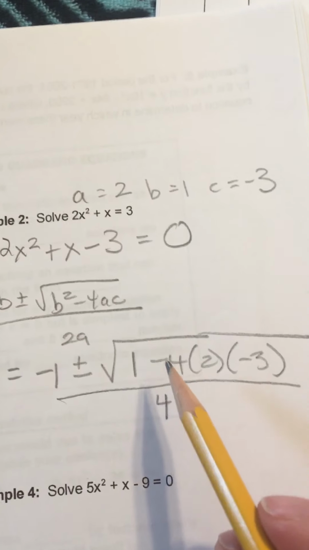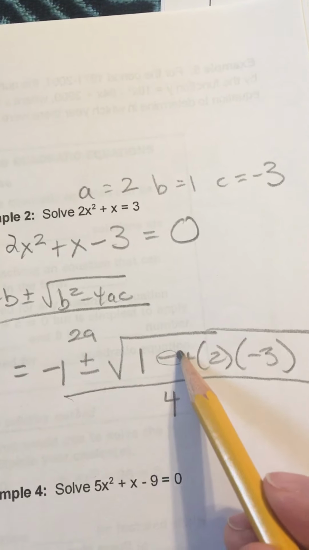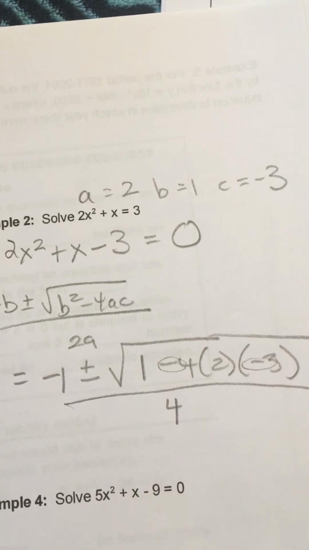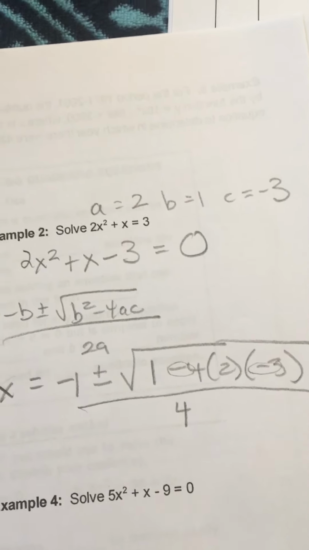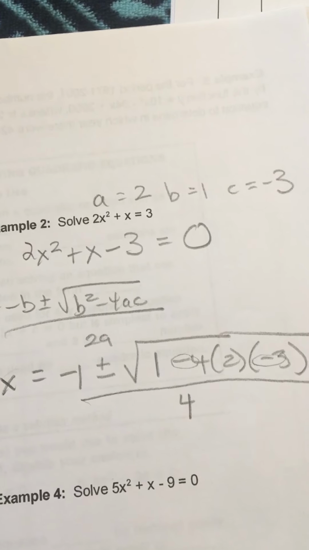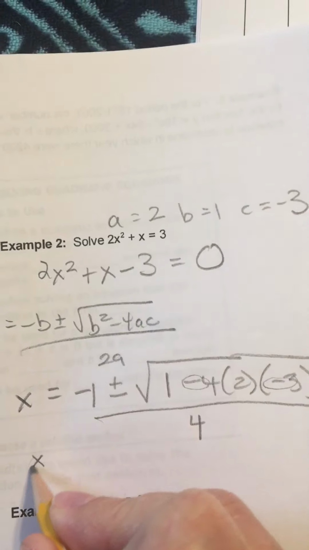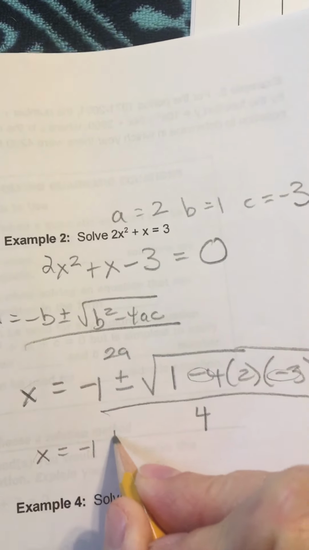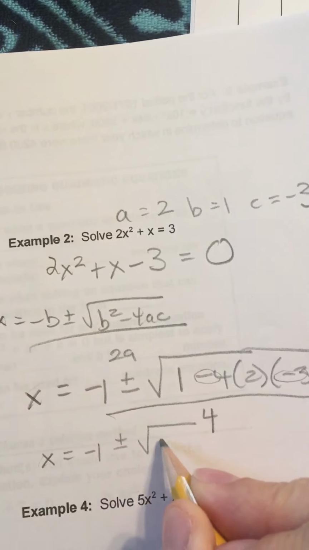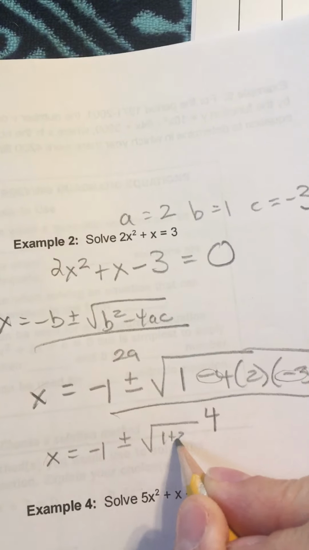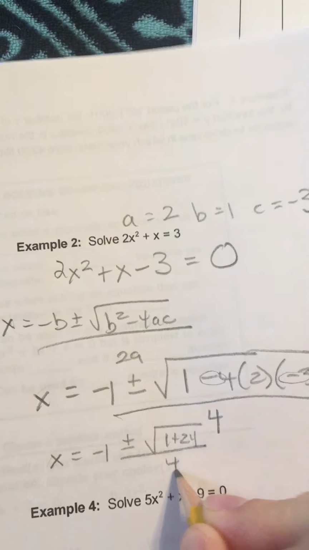Now notice again, this is minus a negative. So that's going to be plus. 4 times 2 is 8. 8 times 3 is 24. So this ends up being x equals negative 1 plus or minus the square root of 1 plus 24 all over 4.